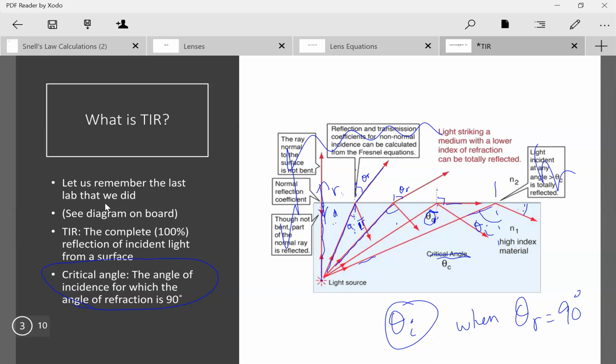So here you have what is called total internal reflection, where 100% reflection of incident light from a surface occurs because there's no refraction. All the refraction is being converted almost into reflection, because if there was to be refraction, it would bend away from the normal, and you can't bend more away from the normal than 90 degrees without going back to the same medium.